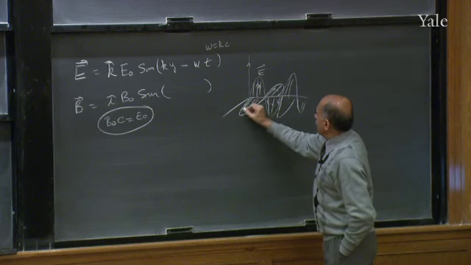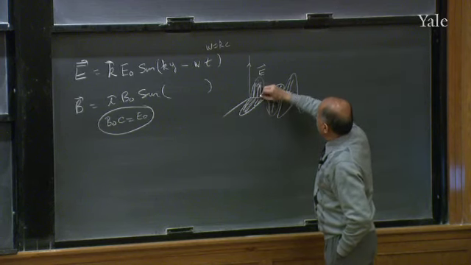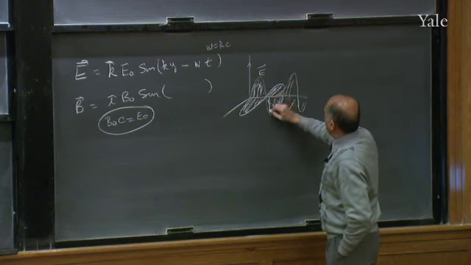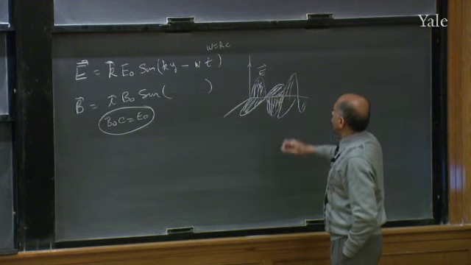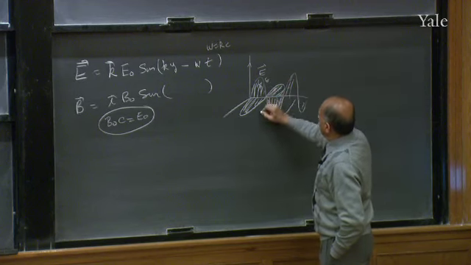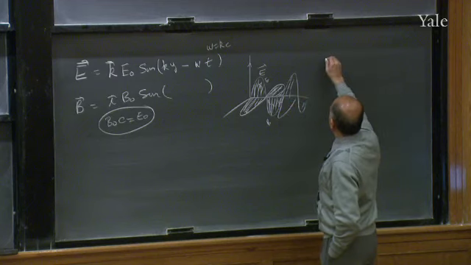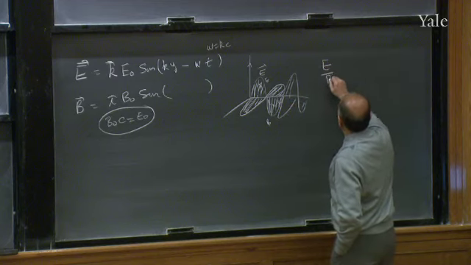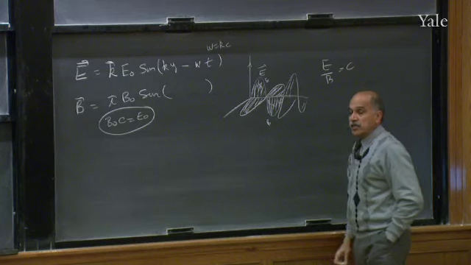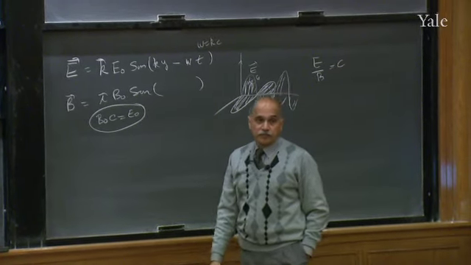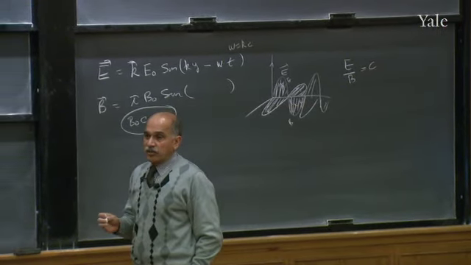So this is in that plane, and that is in the vertical plane. That's the horizontal plane, that's the vertical plane. So that is E, and this is B. And the point is E over B is equal to c. In other words, E is much bigger than B. And the ratio of them is the velocity of light.